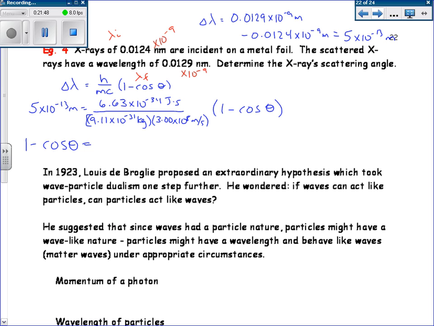Let's figure out what this is. 5 times 10 to the negative 13 meters divided by, and I'm going to calculate 6.63 E negative 34 divided by bracket 9.11 E negative 31 times 3 E 8 bracket. Okay, and that gives me 2.4259 times 10 to the negative 12.